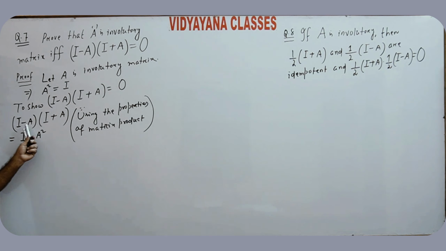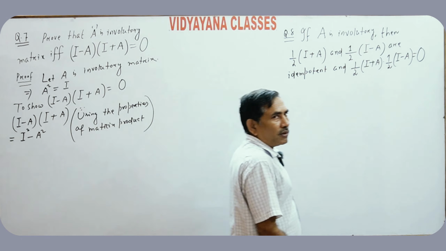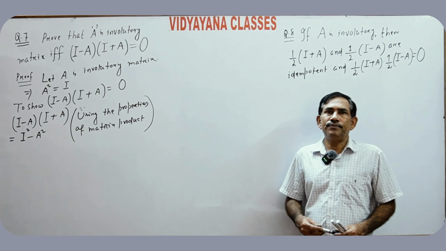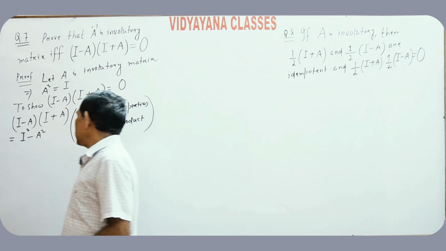Using the matrix product is associative, matrix product is distributive, matrix product is associative with respect to scalar.